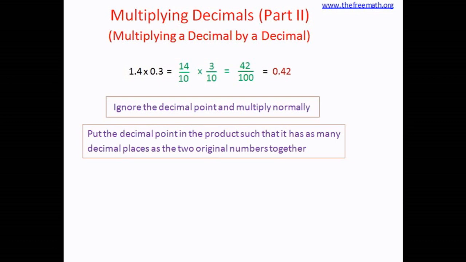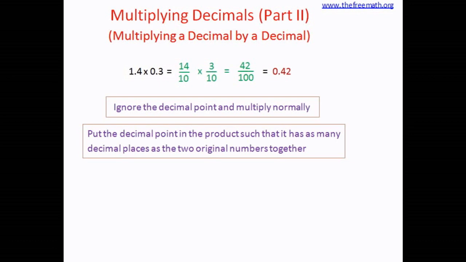That means in the example above, in the first number 1.4, there is one decimal place. In the second number 0.3, that number also has one decimal place. So 1 and 1, that means you have two decimal places in total. So your product should have two decimal places.